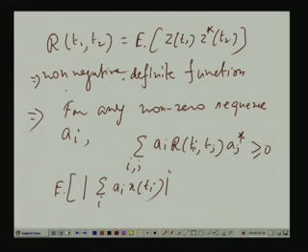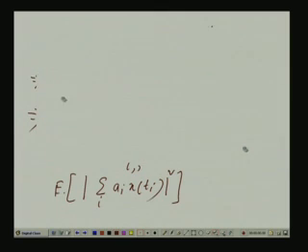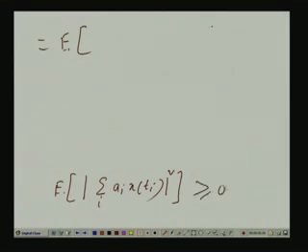This is obvious, because if you take a square, I will just take a minute and wind up today. This is nothing but E of the mod square of the sum of A_i X(T_i). This is a real number, a mod square, an expected value, so it can never be negative. It is always greater than or equal to 0.